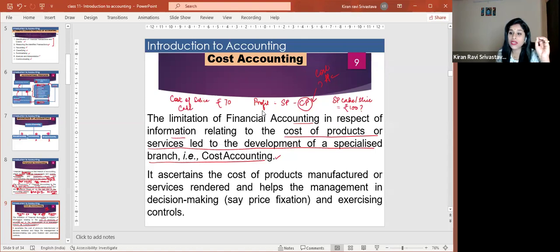But cost is a very important aspect because costs have to be controlled, and cost accounting helps. So what does cost accounting do? It ascertains the cost of products manufactured or services rendered and helps the management in decision making or price fixation. Just now I gave you an example of a commodity.